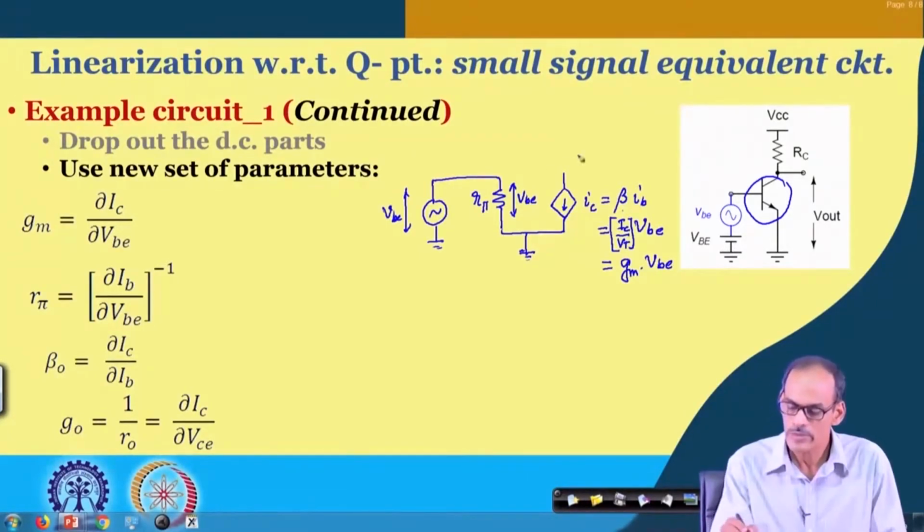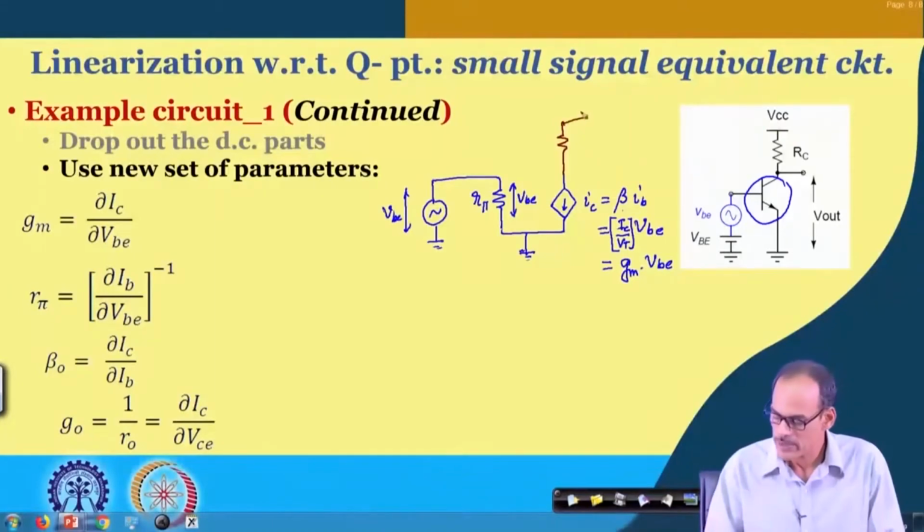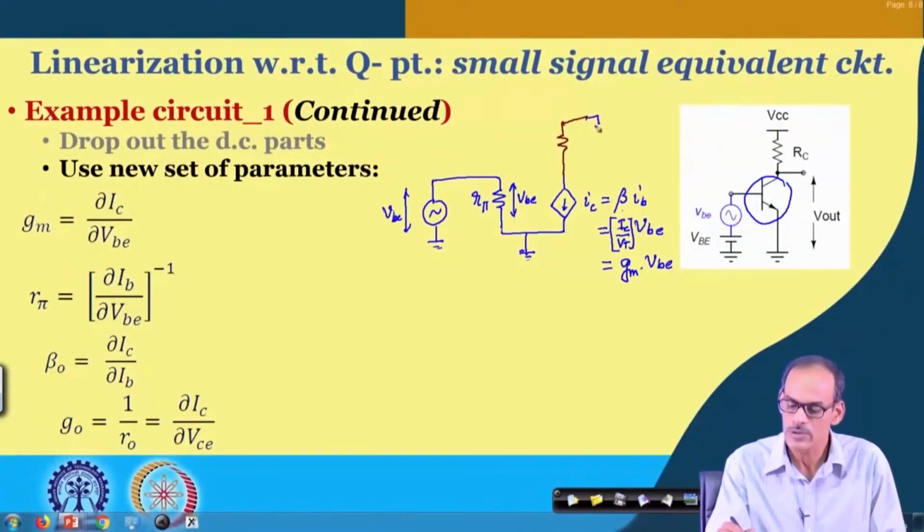Then we have the resistance R C, which is connected to AC ground, and then we obtain the voltage here.